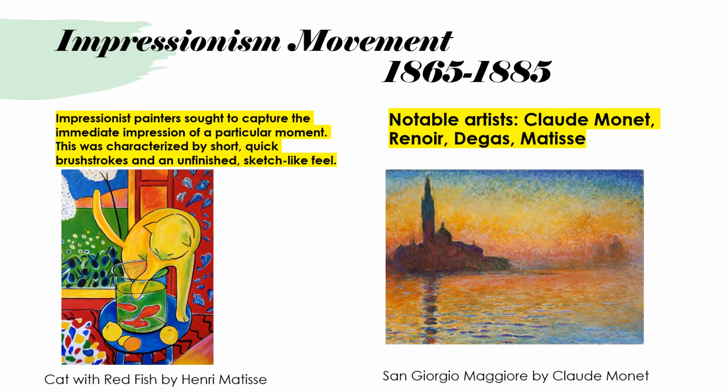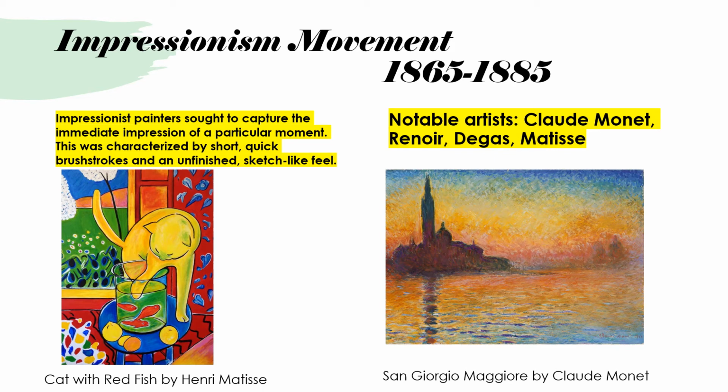In the Impressionist movement, a painter would not draw that person exactly how they are. A quick sketch-like feel, short brush strokes, and we might not be able to tell who the person is, but we might be able to tell what they're wearing. Maybe they're a blonde person wearing a blue t-shirt and red pants. So that is just an idea of how an Impressionist painter would work.